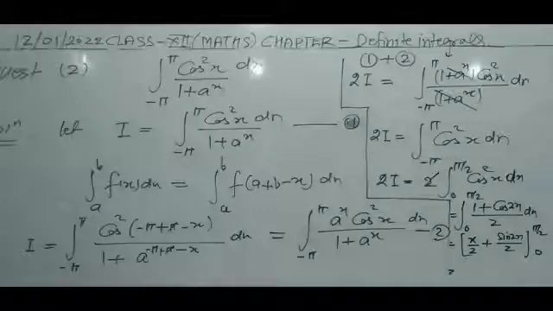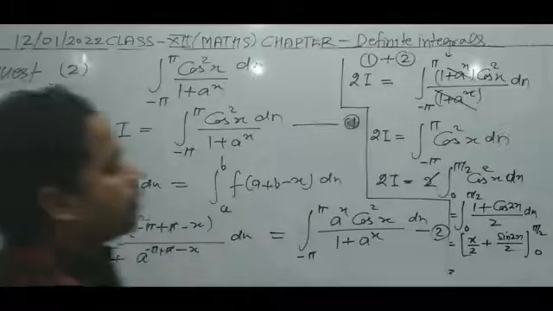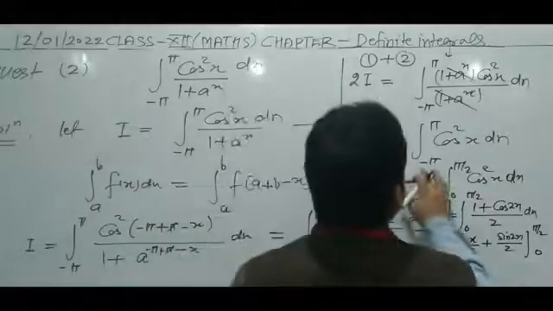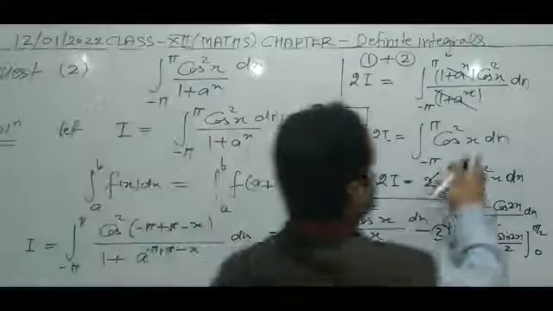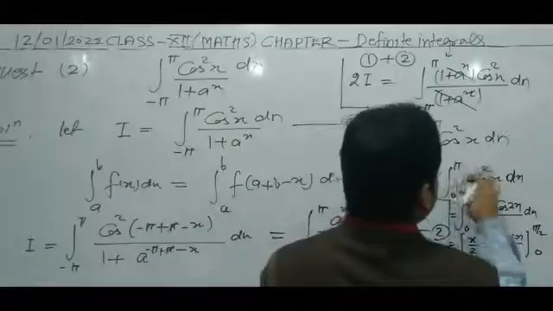Now see, this is from minus pi by 2, and so minus pi to plus pi, this is the limit. So this will be minus pi, this will be only pi.